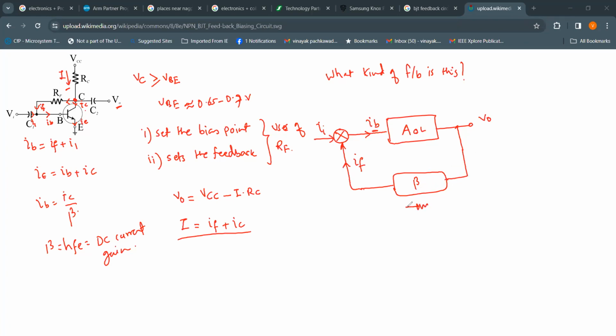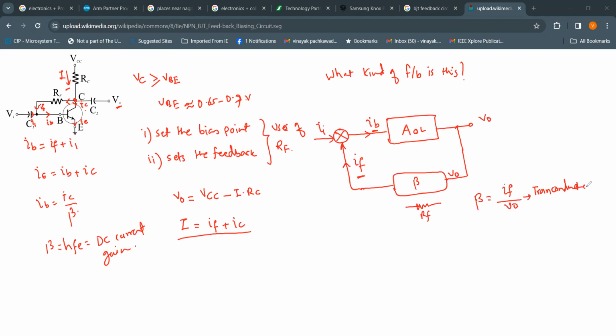So the beta feedback network is RF, okay, and IF is the output of it, and the input is the VO. So beta will be IF divided by VO.